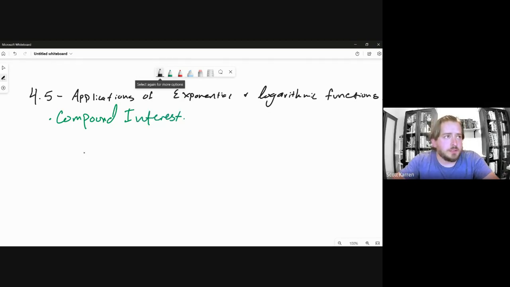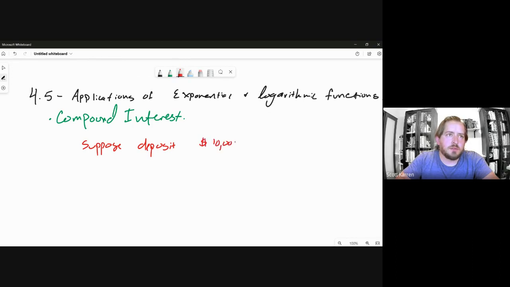The idea here is, suppose we go to your bank and you deposit let's say $10,000, nice round even number. And they give you a, let's say, 4% interest.